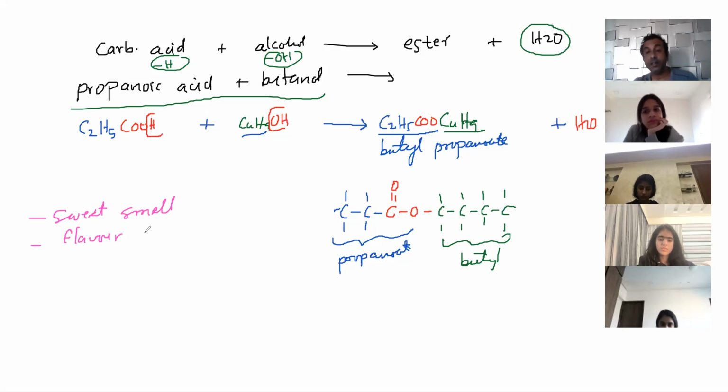In fact, naturally, every flower has a smell, and that smell is because of the specific ester in that flower. Naturally, every fruit also has a flavor, like mango, pineapple, strawberry, etc. Why does every fruit taste different? Because different esters are present in different fruits.